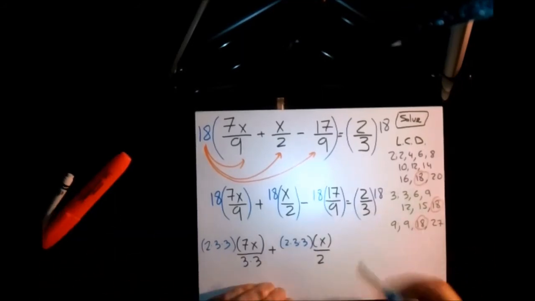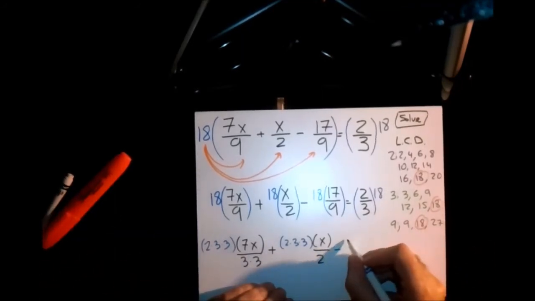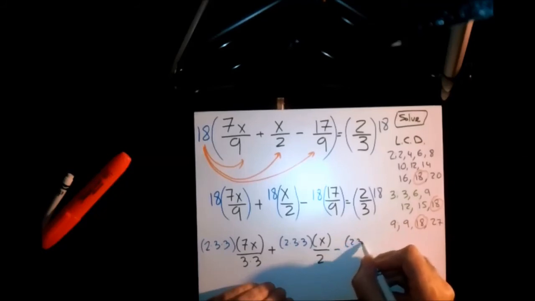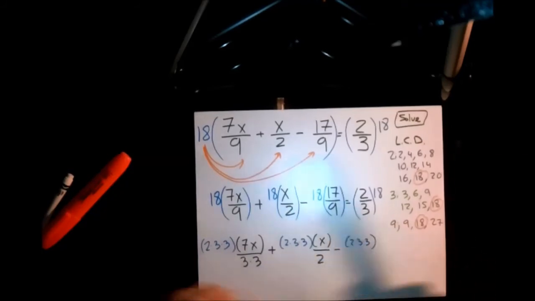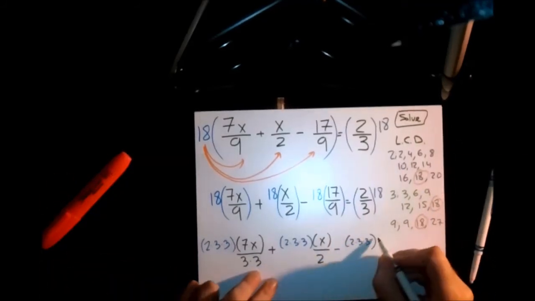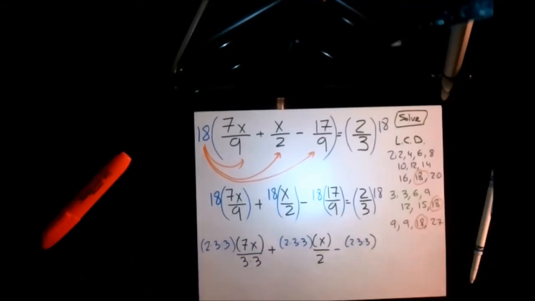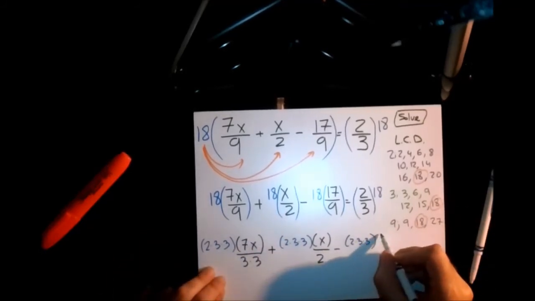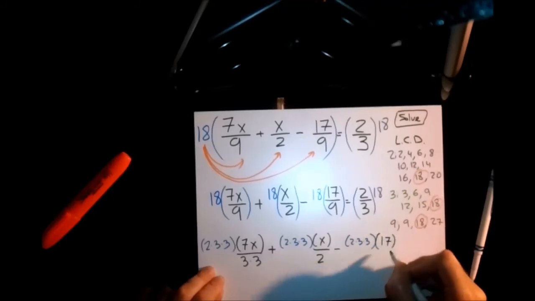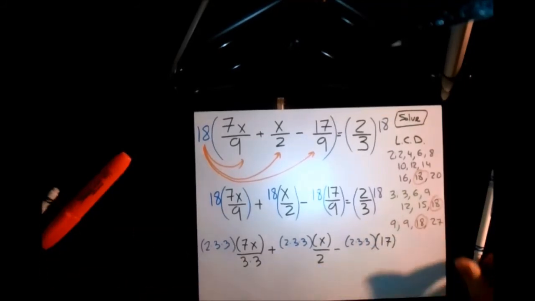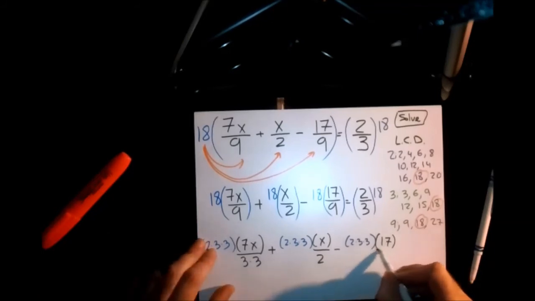Again, I have the 18 here. So that's 2 times 3 times 3. And I apologize if this is starting to look a little small. Running out of room. The 17 is prime, can't break that down into anything. And on the bottom, it's a 9, so that's 3 times 3.